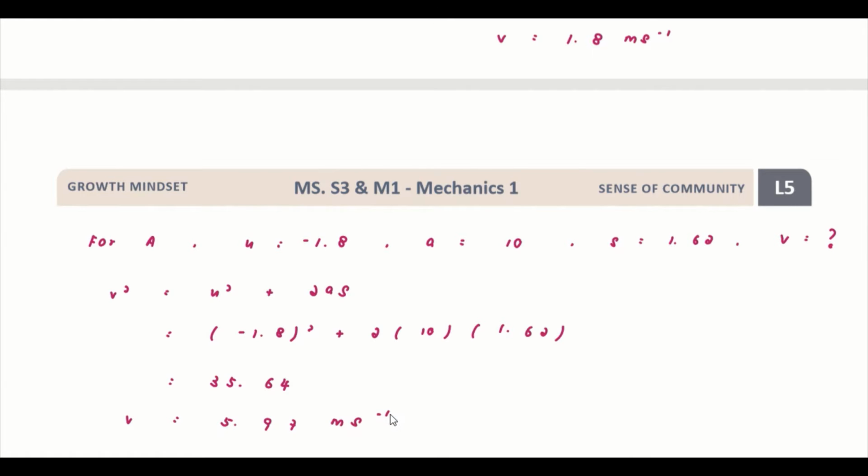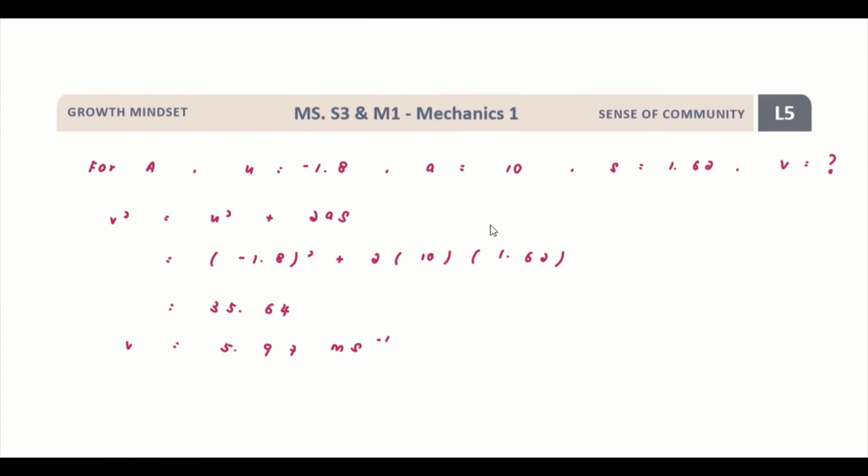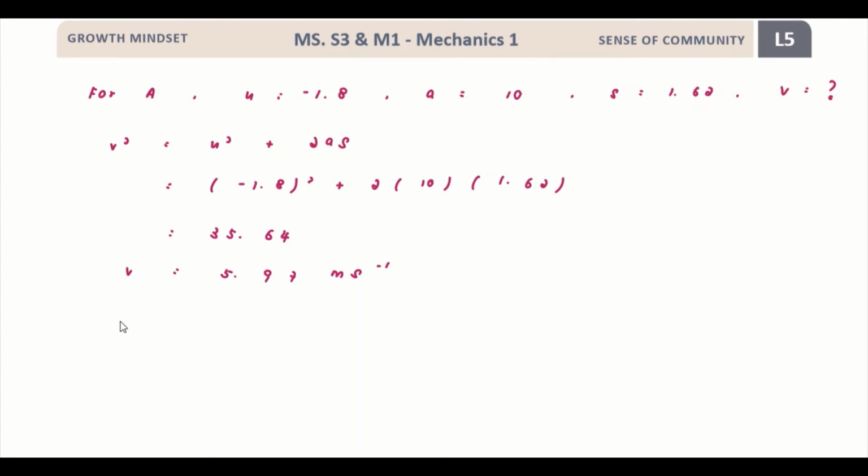Okay, so by looking at what we need to show in this question, we know that the three elements are correct. Okay, so you see, in this you realize that for U square, whether it is negative doesn't matter much, but it matters when later you want to solve your T. If your U is wrong, then later your T will be wrong as well. So by using exactly the same elements here, we try to find T now.